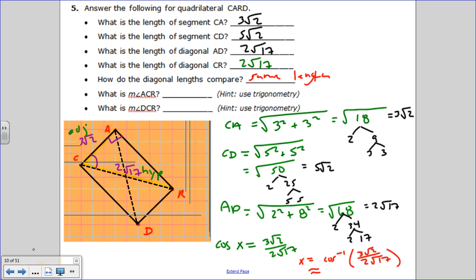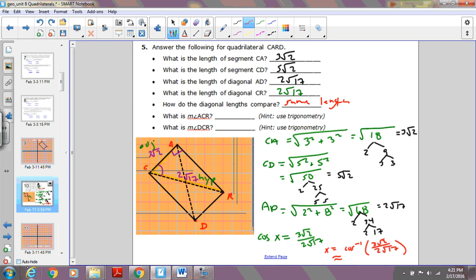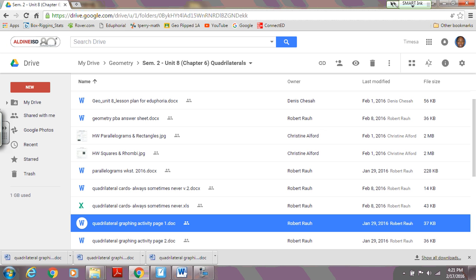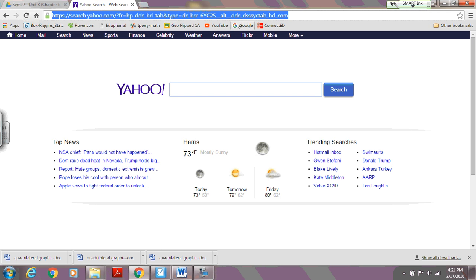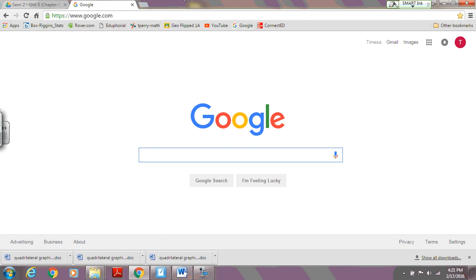So let me grab my calculator. I'm going to need a really big scientific calculator. So I'm going to Google one, which is what some of y'all can do as well if you don't have your own TI. And on this computer, I don't.